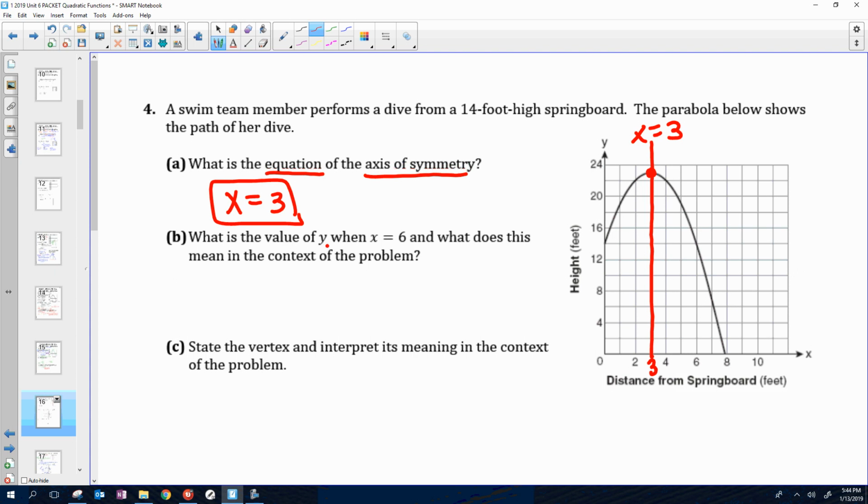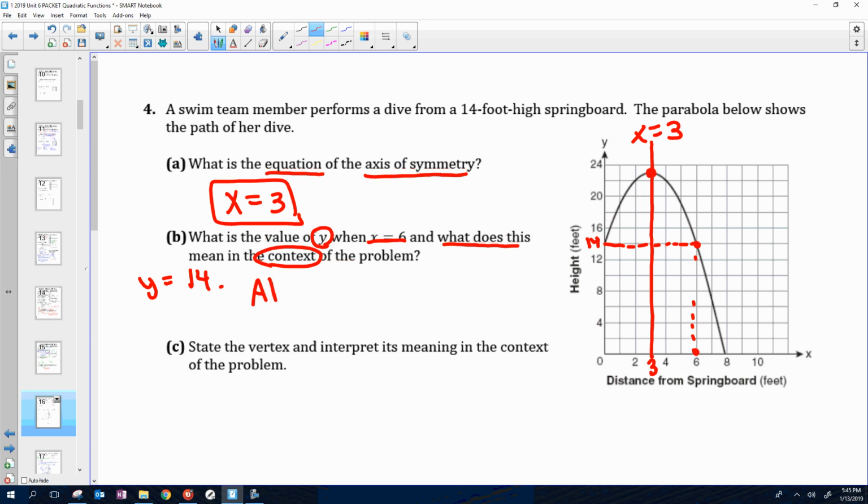What's the value of y when x equals 6? When x equals 6, go up to your parabola. This y value is 14. 14 is the value. What does this mean in the context of the question? Now I have to look at this graph a little bit.